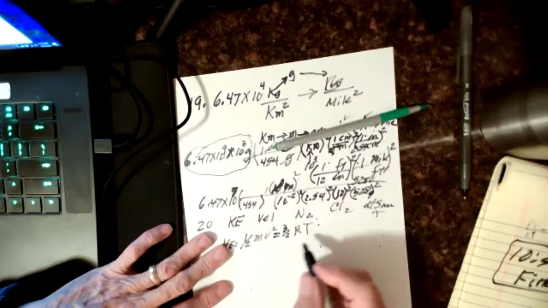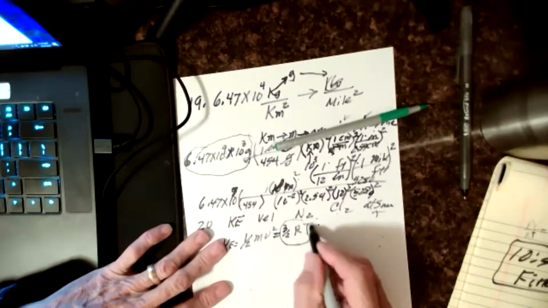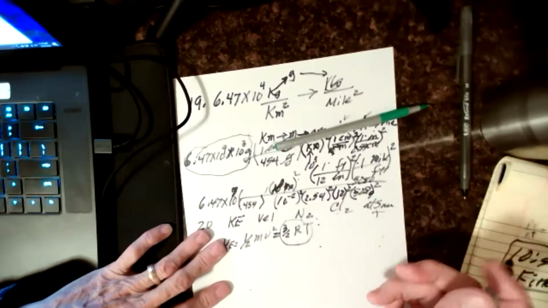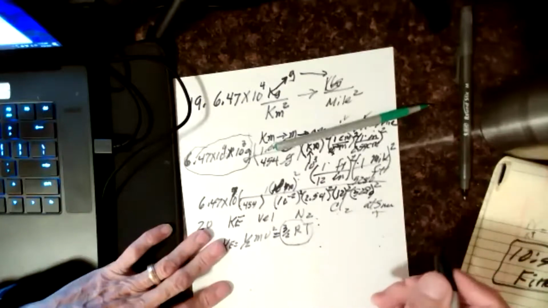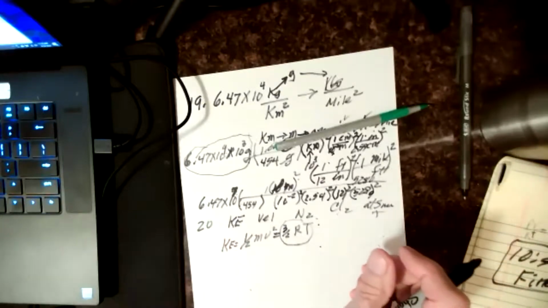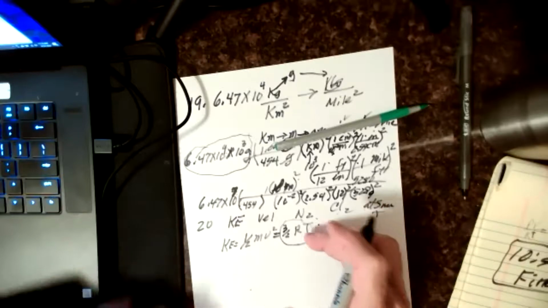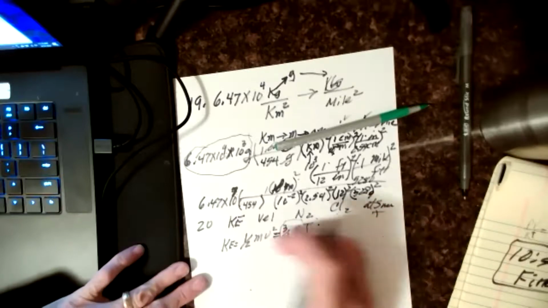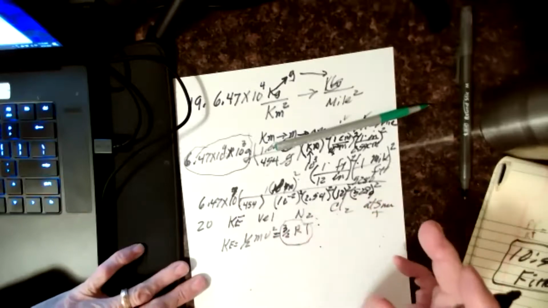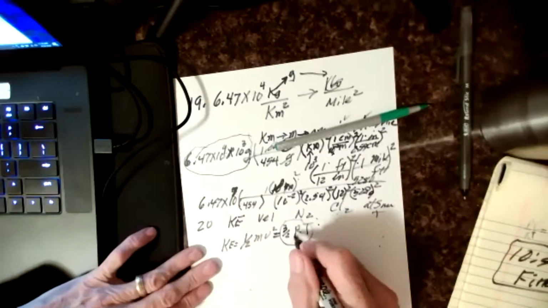So that means that this is going to be the same for both N2 and Cl2 because they're at the same temperature, 300 degrees. Now, if they hadn't been, and I would vary the temperature, then I would have rearranged this a little bit differently.